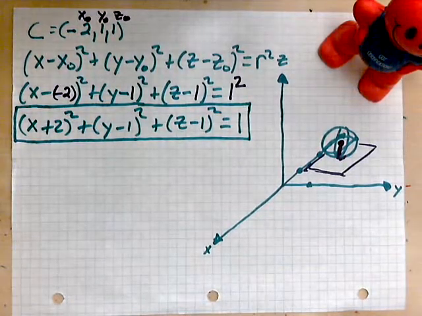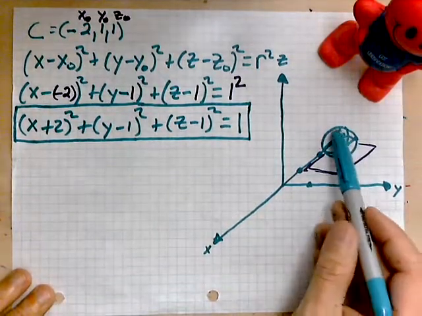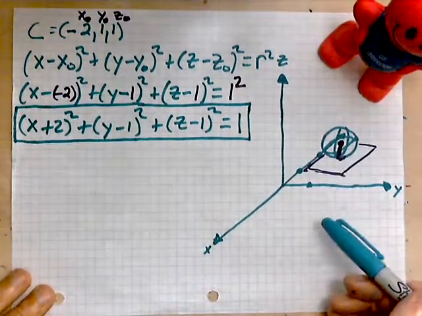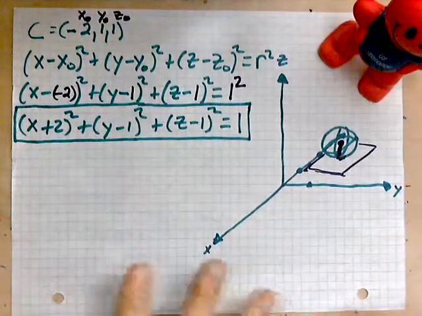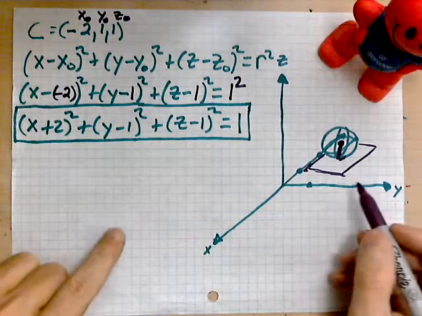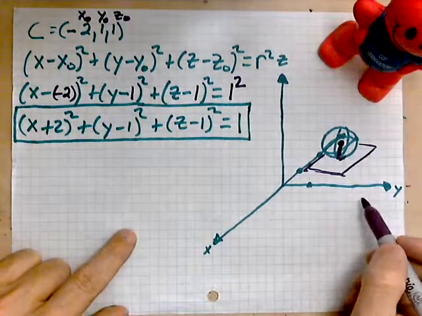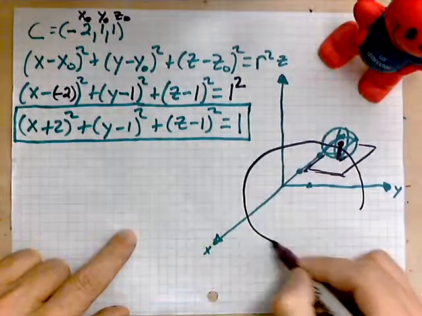Such as that the sphere is tangent to the xy coordinate plane. And if you have trouble seeing that, this will not be the same sphere, but I'll draw a bigger version of the picture so you can see it more clearly. Imagine we have a huge sphere in this octant.